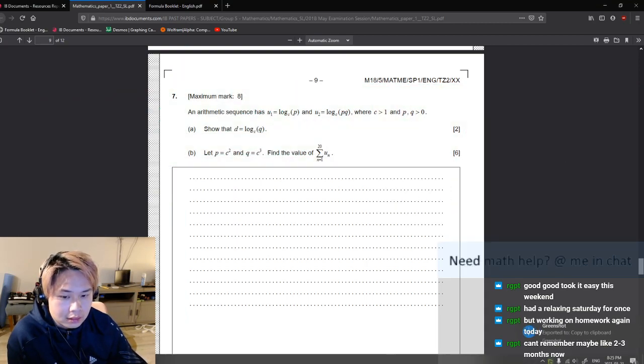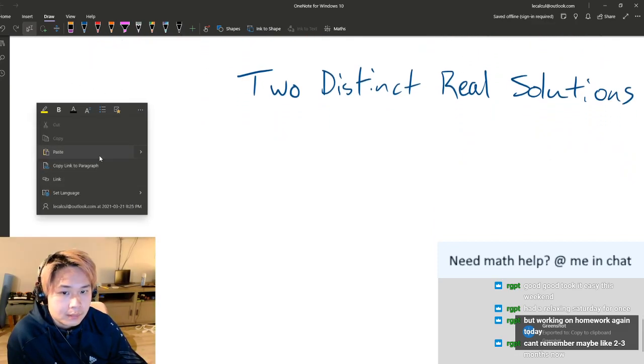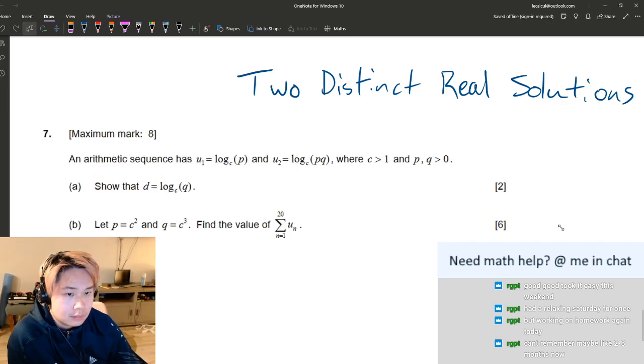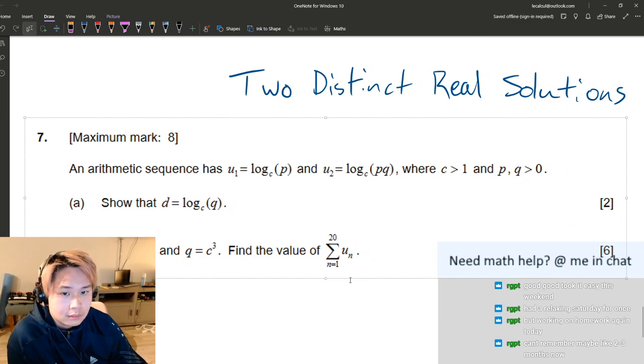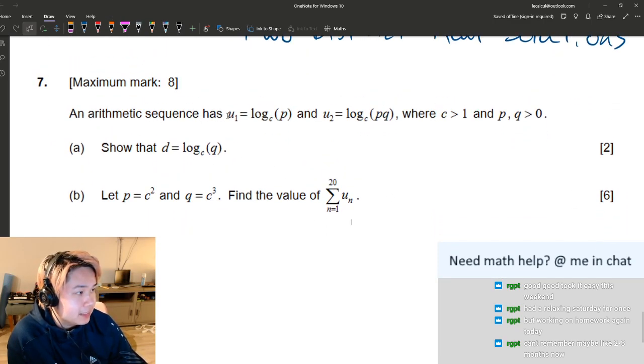Moving on, looks like we have a sequence and series question. So we have this arithmetic sequence. U1 is log CP, U2 is log CPQ, and then C and P and Q or whatever.